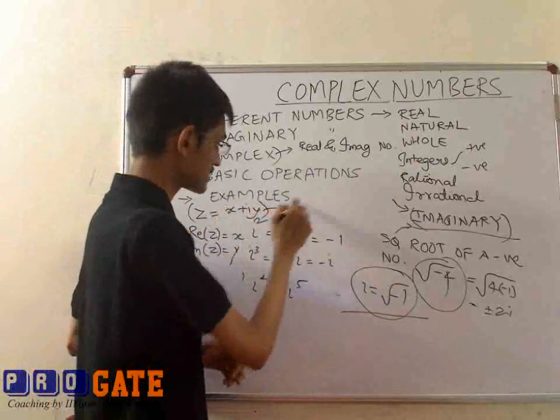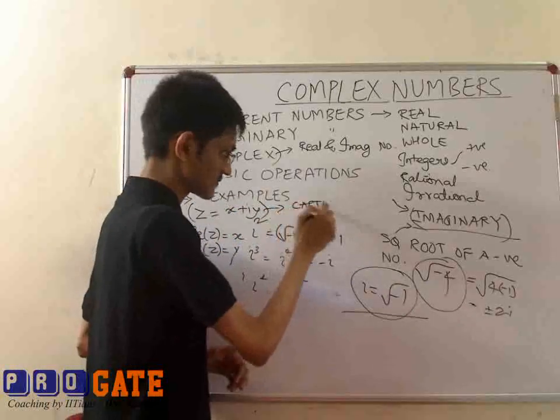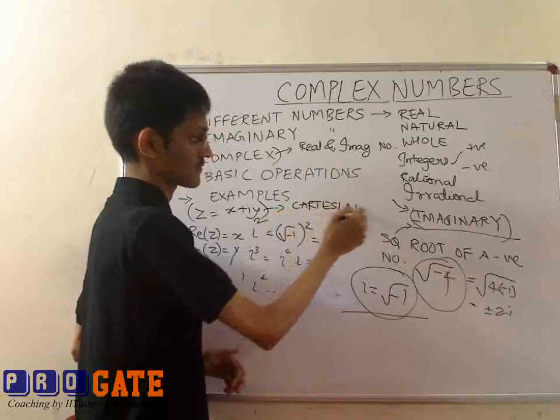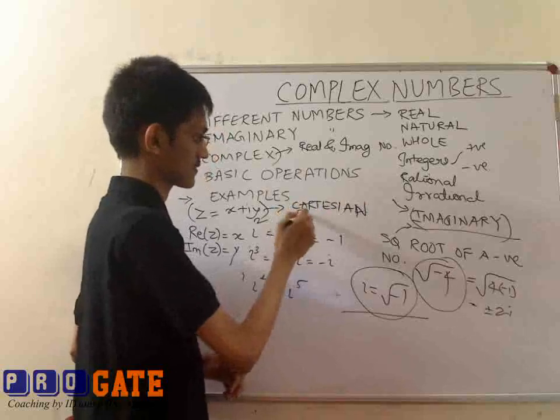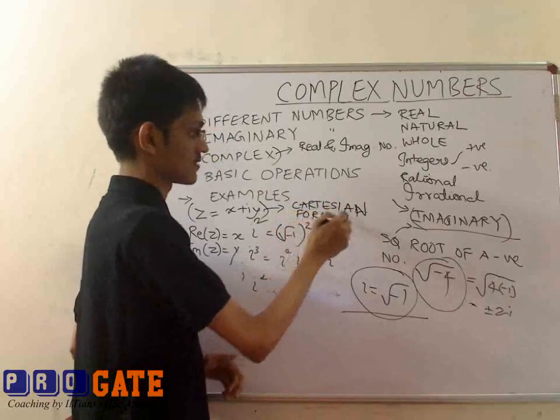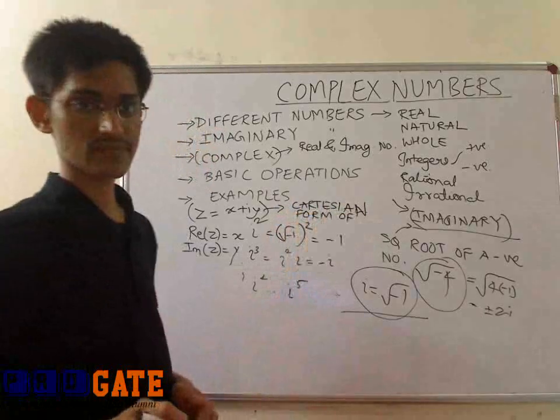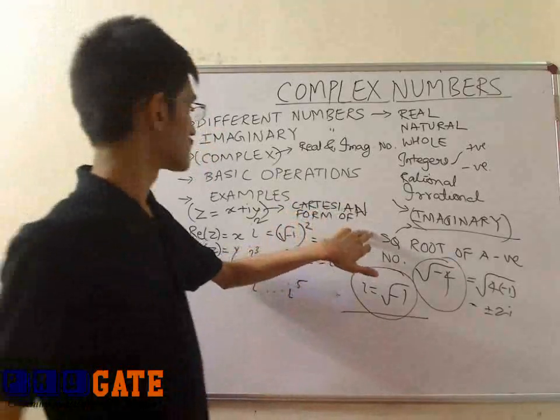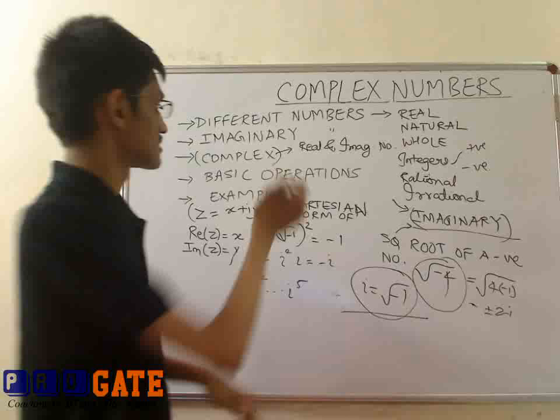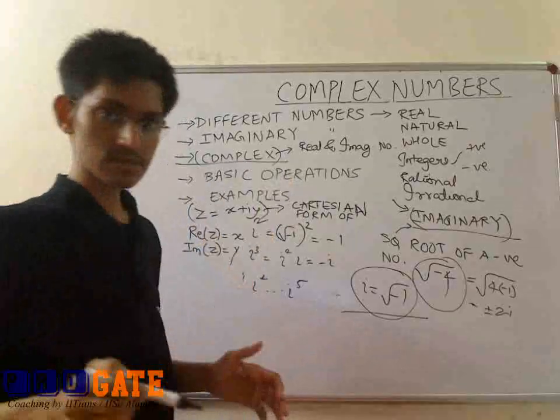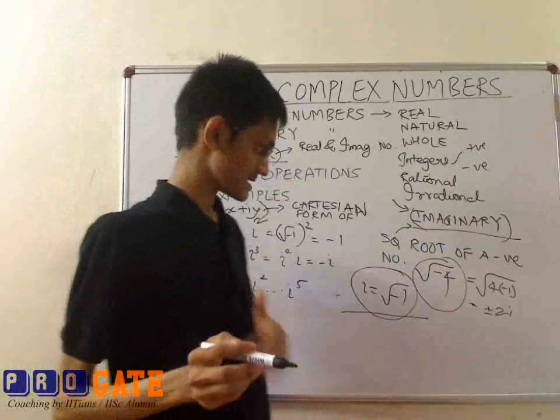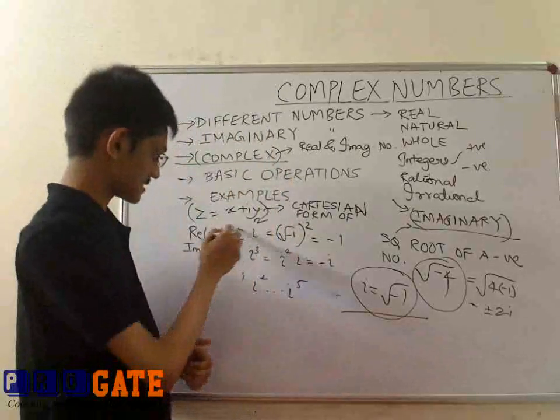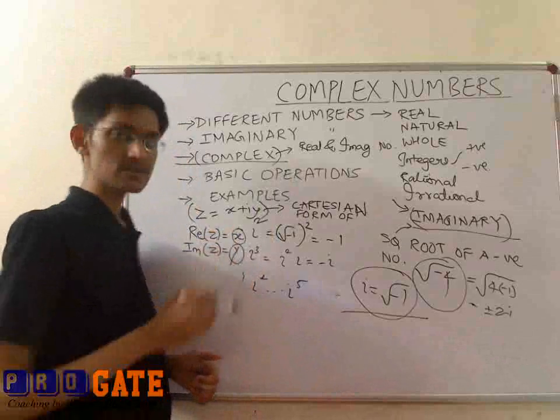So x plus iy is called the Cartesian form of complex number. You can also go into writing the polar form, which will come across later. But here complex number is a combination of real and imaginary, and the real part is x and imaginary part is y.